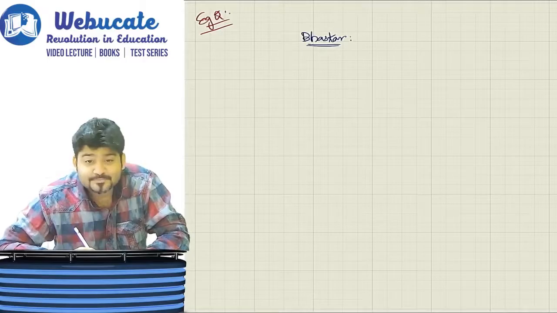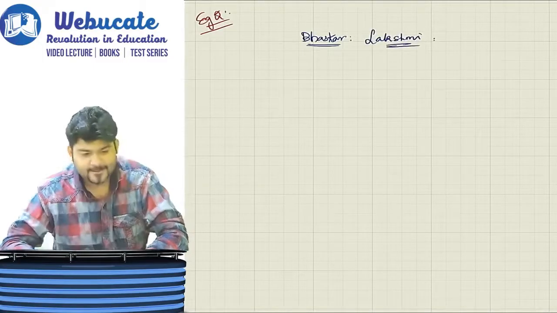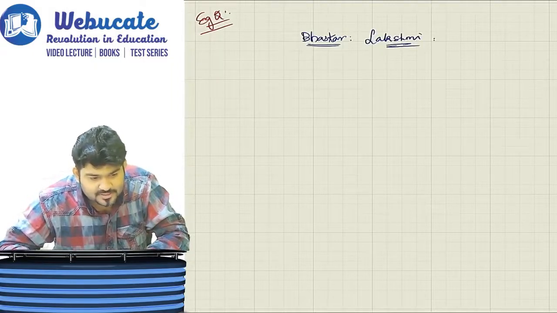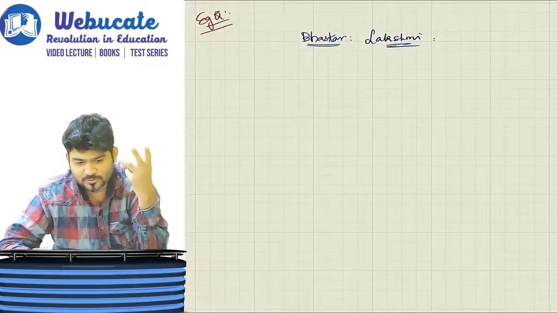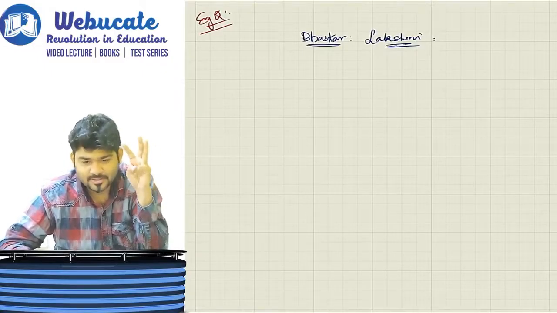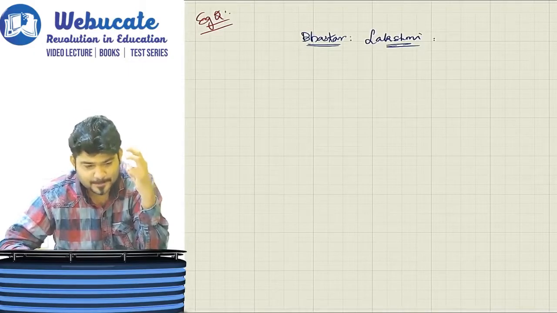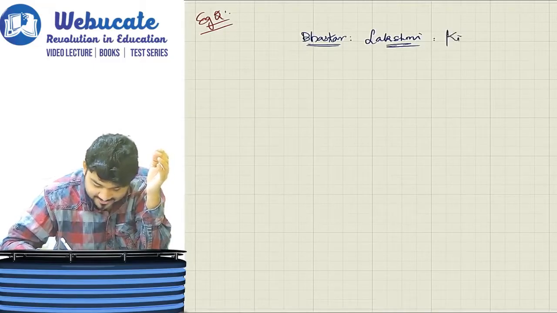So first my person is Bhaskar. Second I will take Lakshmi. And third we will take, which name? Third name, please. Anybody who wants to take from your own, you want to take an initiative. Third name I want. One is Bhaskar, other is Lakshmi. Third name I want, please. May I? Yes, Kiran.